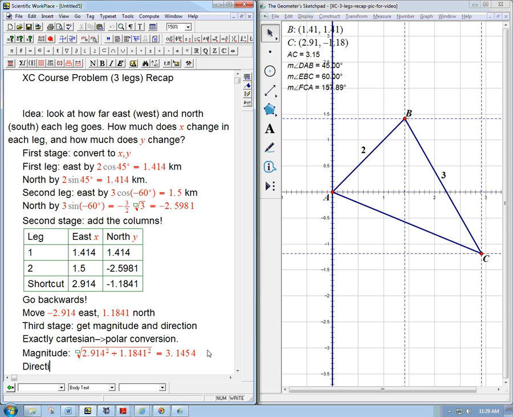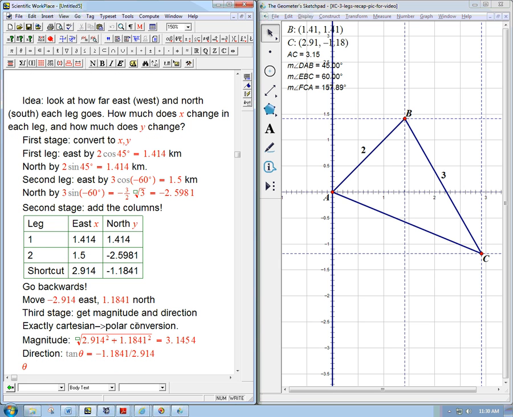And the direction, well, let's see. We just need tan theta is equal to the y over x, minus 1.1841 over 2.914. Or in other words, theta, let's see. Theta equals, is it the arctan?